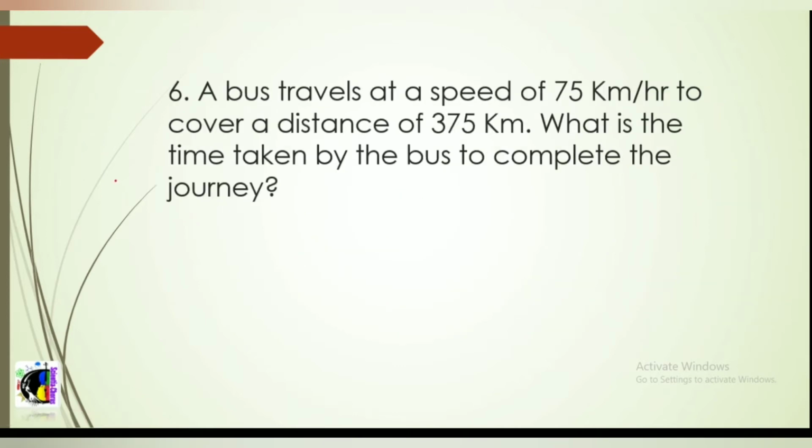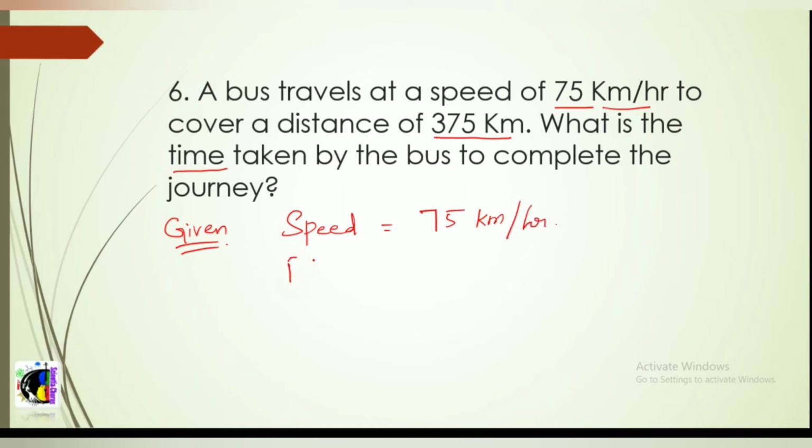Moving on to the next one. A bus travels at a speed of 75 km per hour to cover a distance of 375 km. What is the time taken by the bus to complete the journey? So what is the given data here? They have given the speed of the bus as 75 km per hour.